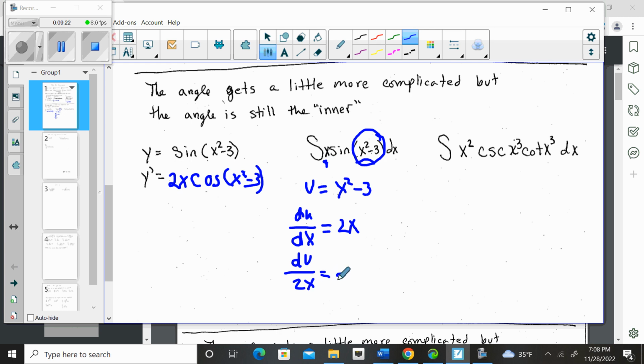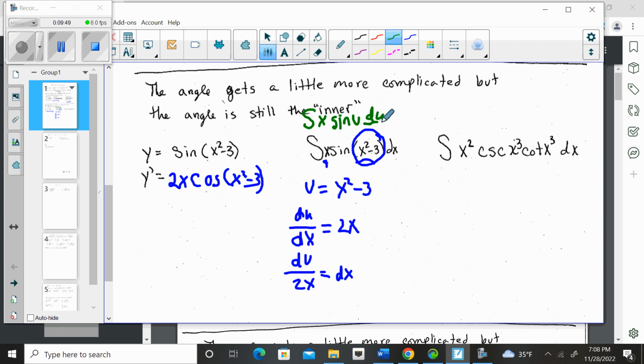Okay, so now I come and I substitute back in. I think I'm going to do that right above it in green. Okay, so I had this x, then I have sine u, and then dx is du over 2x.